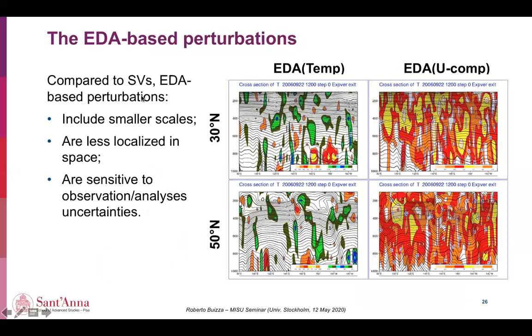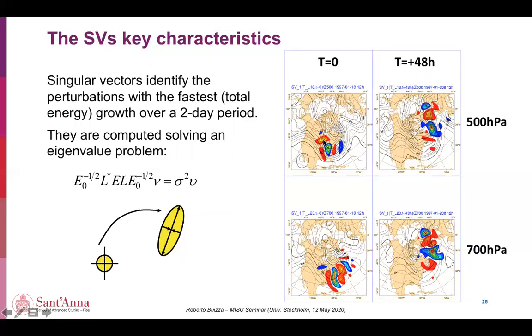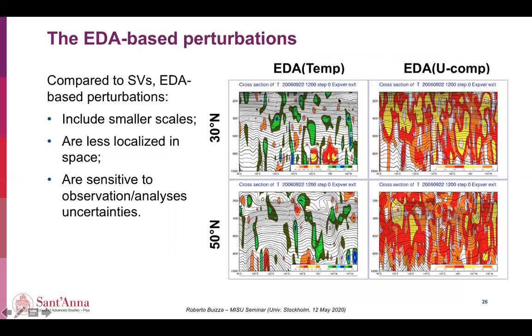We have also been using, following the example of what has been done in Canada since 1995, an ensemble of data assimilation. So an ensemble of initial conditions, and computing differences between them to define a new set of perturbations, which are quite different from the singular vectors that you see here, which are quite localized in space. EDA-based perturbations are sensitive to observation errors, have a much smaller scale, and cover the whole atmosphere.